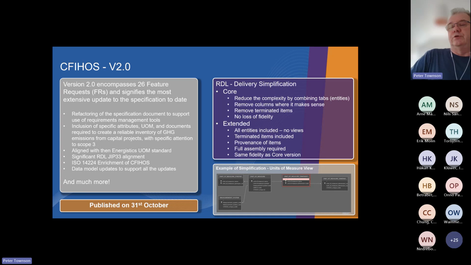And we keep a reference to where all of the content comes from, which source standards it comes from. Obviously, ISO 15926 Part 4 is one of our key source standards. But equally, if we've got properties that are being developed, say, as part of the JIP 33 specifications, you can see the reference back to that and what it maps to within 15926, sorry, Part 4, and how it maps to, say, RDL2 within PCA. So we've got all of those relationships, but you do need to use the extended version if that is important to you.